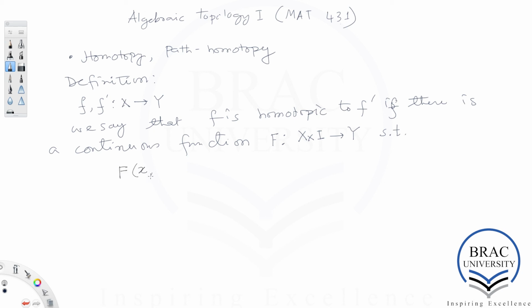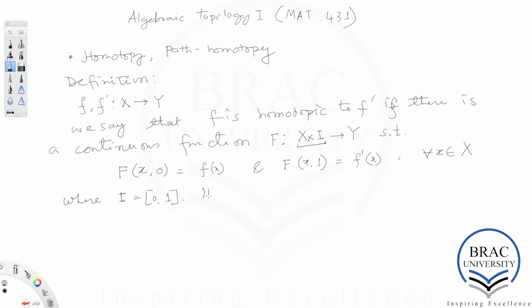F at x, 0 is equal to small f of x, and F at x, 1 is equal to small f prime of x for all small x in big X, where I is the closed interval from 0 to 1. Here the topological space X cross I is equipped with the product topology.